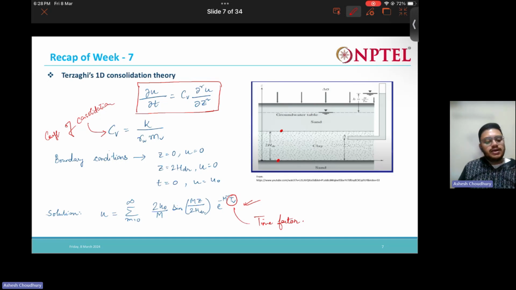It relates at what time how much consolidation settlement is going to occur. That's why it's known as the time factor, because it relates time to the amount of consolidation that is going to happen, that is the degree of consolidation.